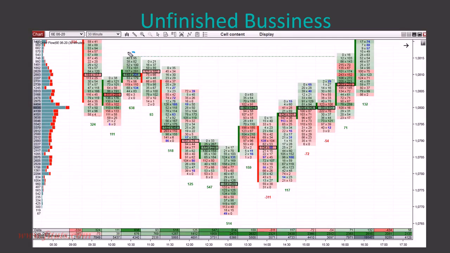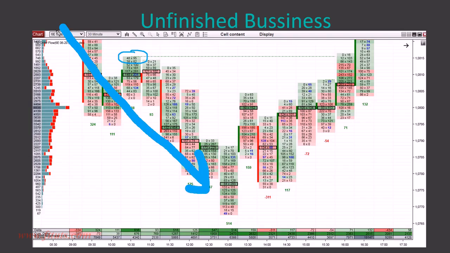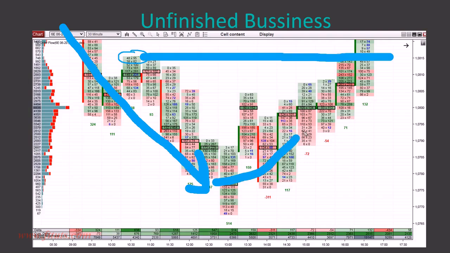Now in here, you can notice this unfinished business. Let's say that there's a downtrend and you are in a short position. This tells you not to get crazy with your shorts, because it will most likely work as a magnet and the price could turn and test this zone again sooner or later.